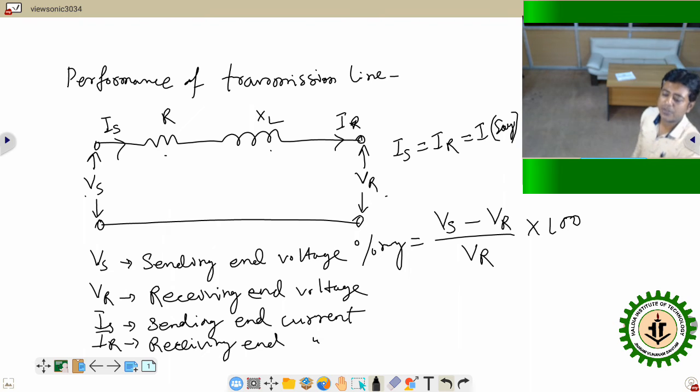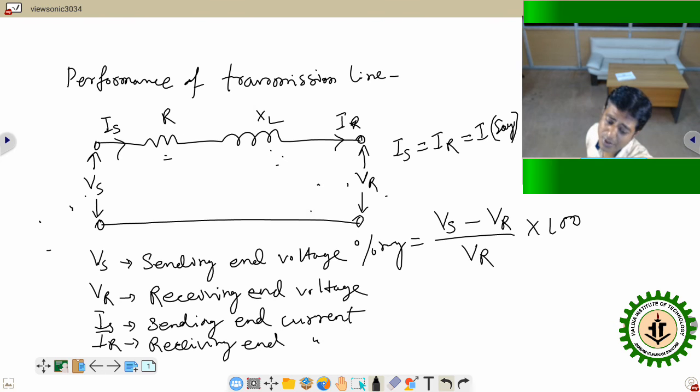Now think the drop is very less. Very less means, suppose you consider 220 volt input, you are getting 219 volt output. That means a 1 volt drop is there. So that will represent that the line regulation is better.